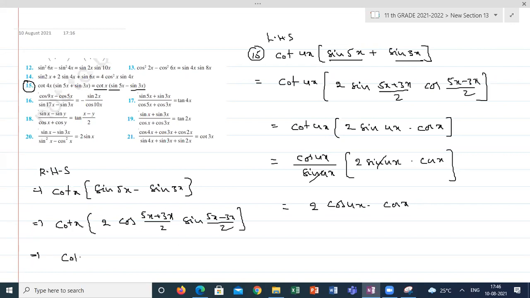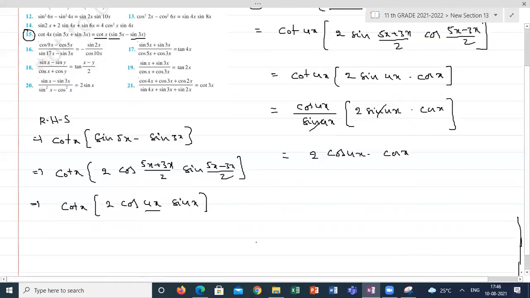This will be cot x into 2 cos 4x sin x, because 8x by 2 is 4x and 2x by 2 is x. Cot x can be written as cos x by sin x, into 2 cos 4x sin x. Sin cancels. Finally, I am getting 2 cos 4x into cos x.